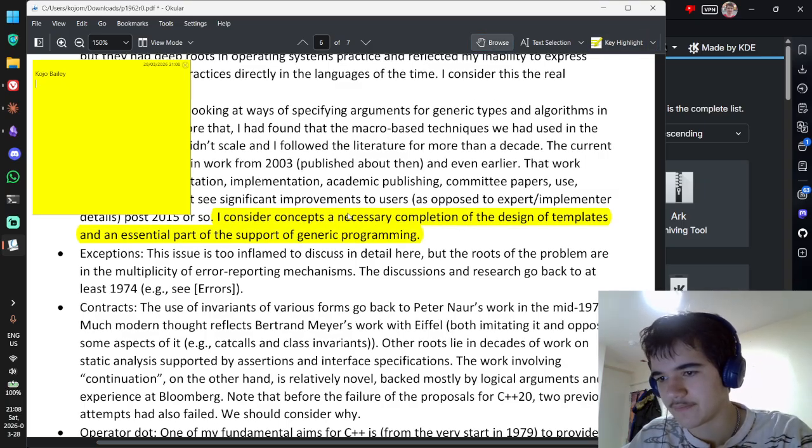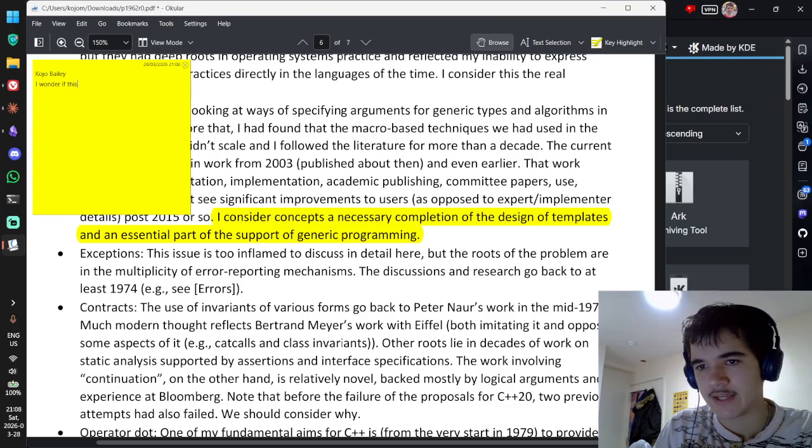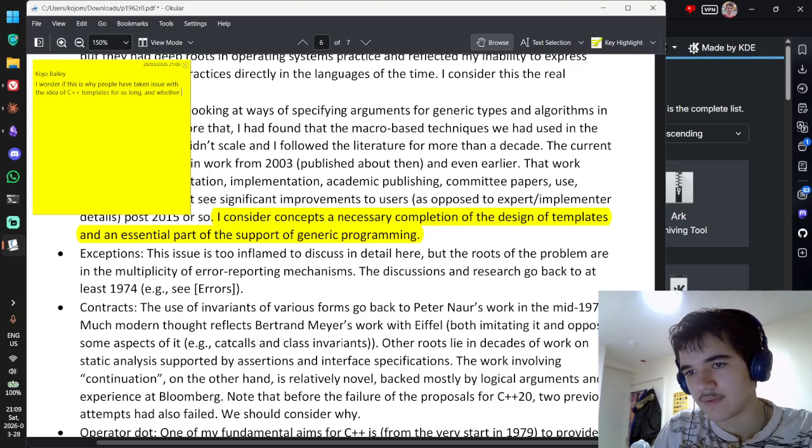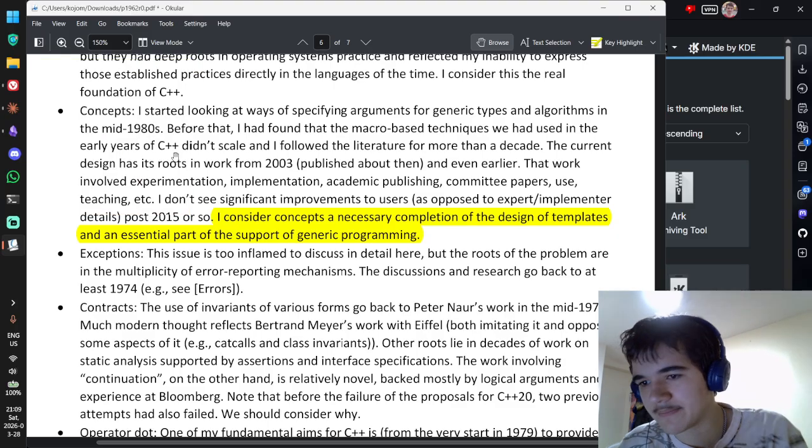So I wonder if this is why people have taken issue with the idea of C++ templates for so long, and whether perspectives will shift as concepts become more mainstream, is I guess how I would phrase it.